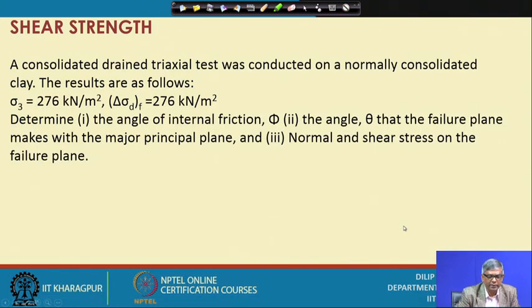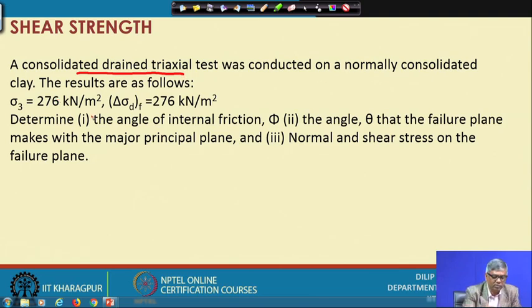And now, I will take one application of this. You can see a consolidated drained axial test was conducted on a normally consolidated clay. The one thing mentioned here is consolidated drained, a normally consolidated clay.